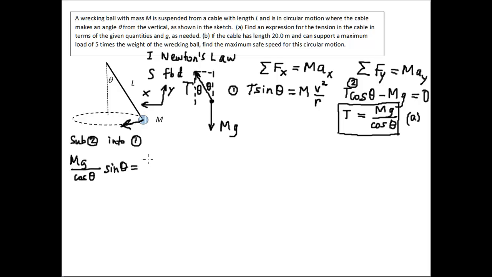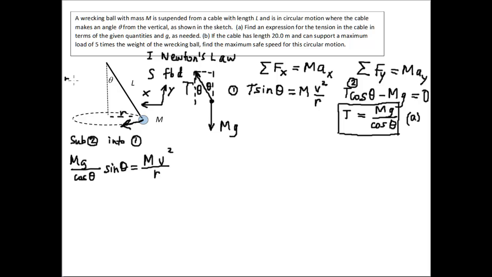equals m v squared. Whoops, let me fix that because I don't want to mix up my capital and small letters. So it's m v squared over r. And you'll realize that r is not given to us in the problem, but if we just draw in the radius and realize we've got a right triangle here, we can see that r is simply L times the sine of theta.